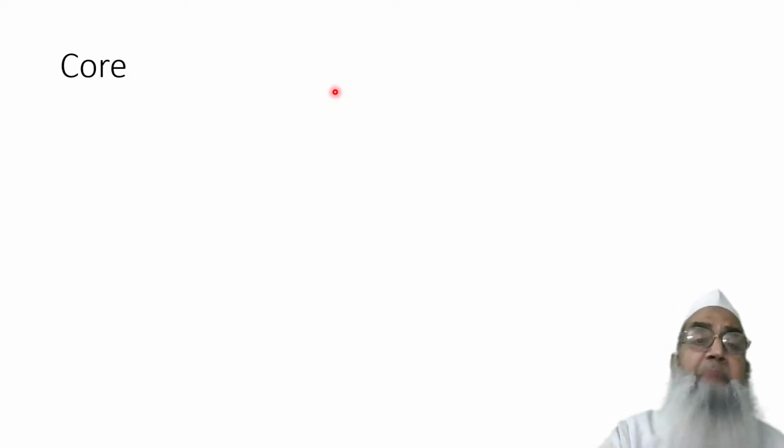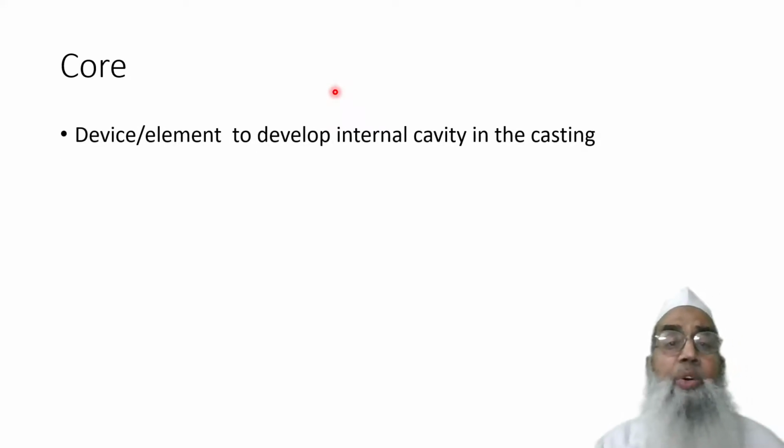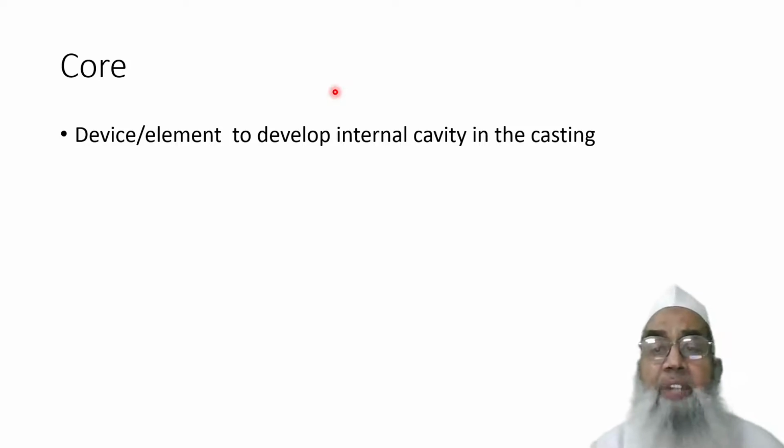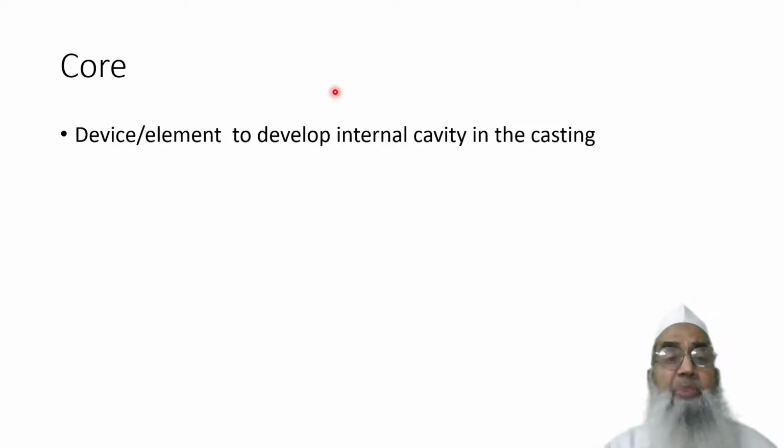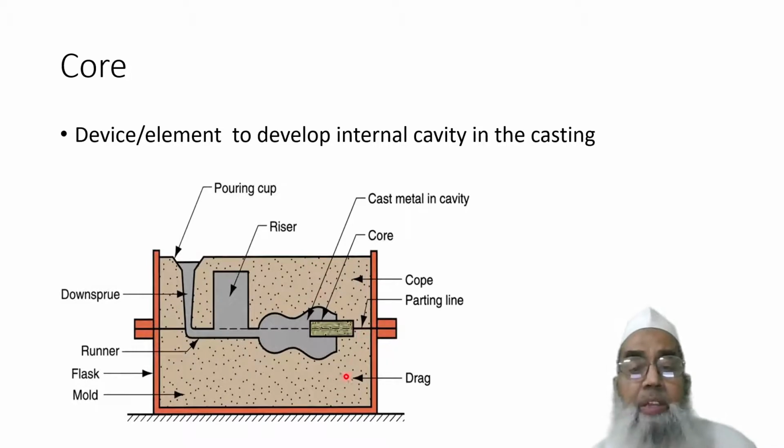Now, in a pattern, if you want to develop a core element which gives an internal cavity in the casting, we need a device to develop the internal cavity. Suppose this is the drag, this is the cope, and this is the required object.